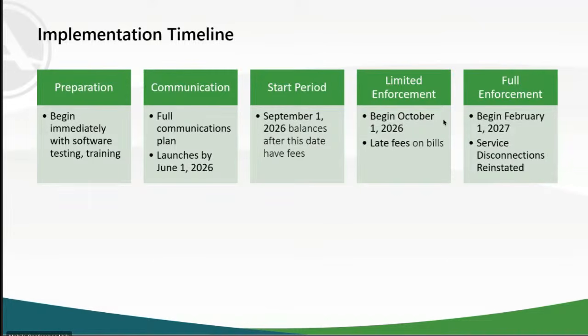I would say that this timeline is, I don't know exactly what I expected. I like the idea of aligning policy changes like this with the fiscal year in front of us first.